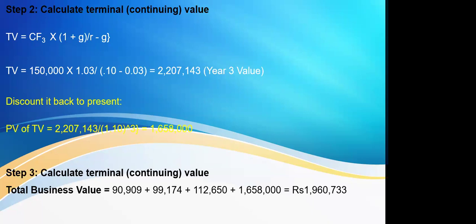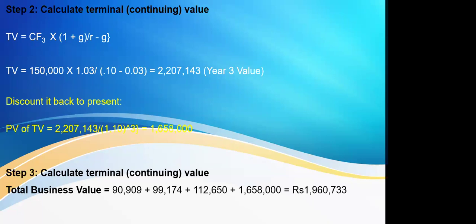Can anybody tell me the answer? Sir, 0.10 minus 1 or just 0.10? Yeah, now you can see this formula is for cash flows with growth. Now I am talking without growth. If you want to find the value of the cash flow forever, you remove the G from this formula.